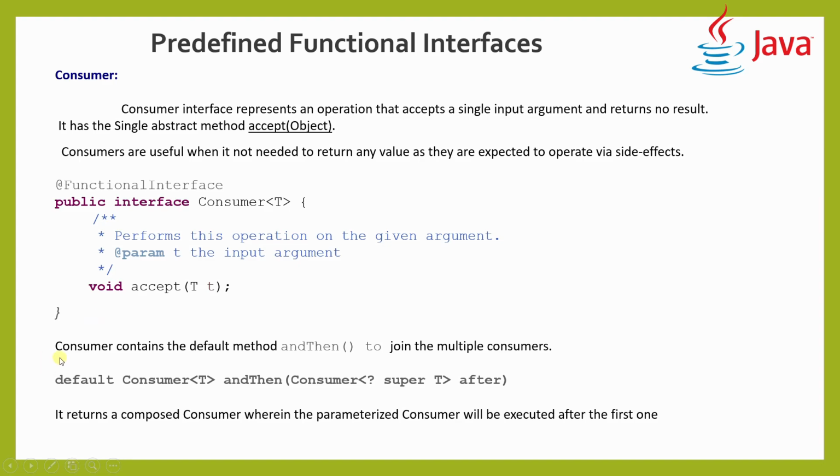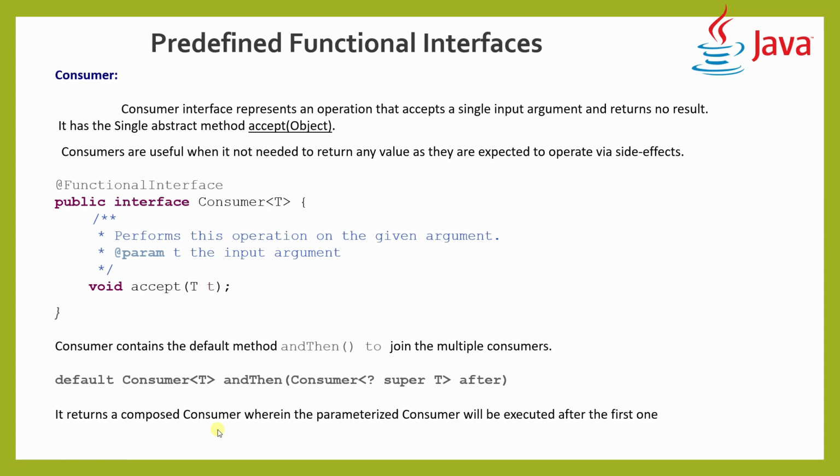And I forgot to mention that Consumer also has a method chaining or joining method, that is andThen. It returns a composed Consumer wherein the parameter Consumer will be executed after the first one.